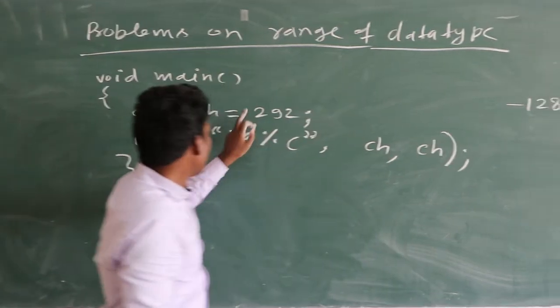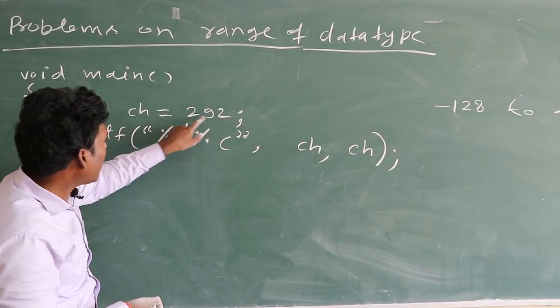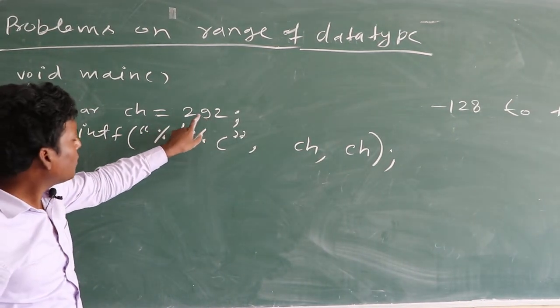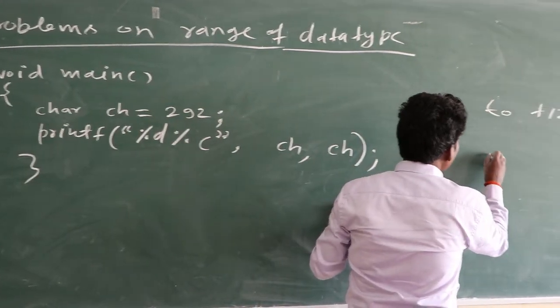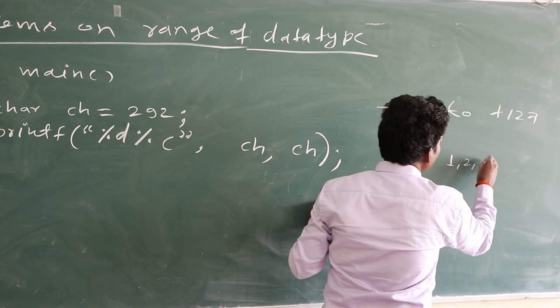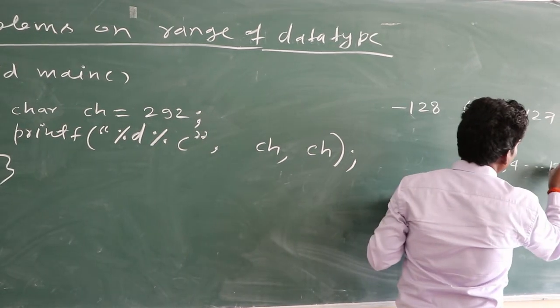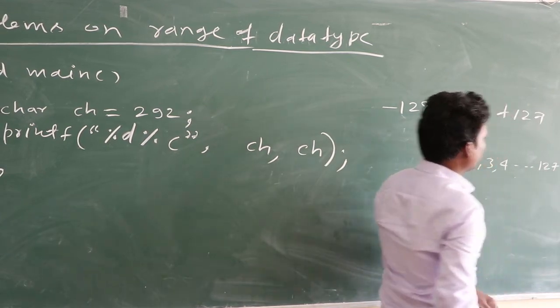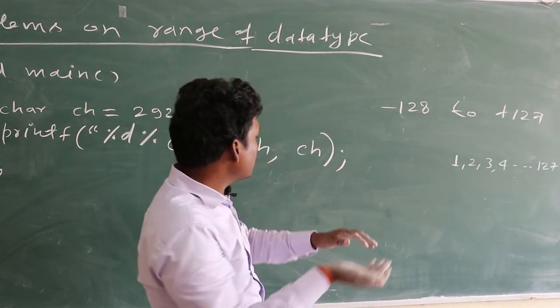Suppose, class, it is positive, the plus is hidden, 292 is positive. If the value is positive, then it starts with 1, 2, 3, 4, up to 127. After 127, when you attempt to increment, it reverses the value.